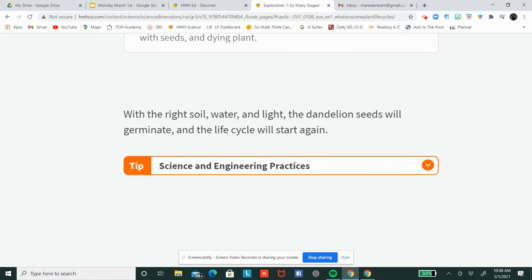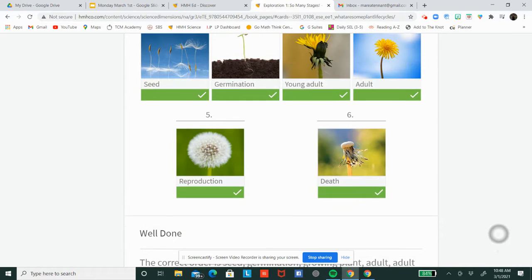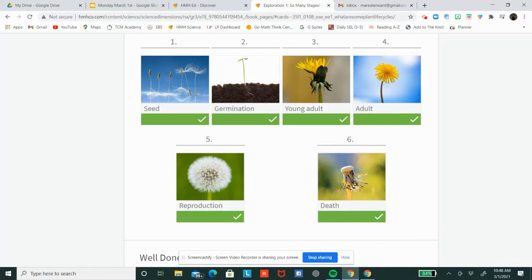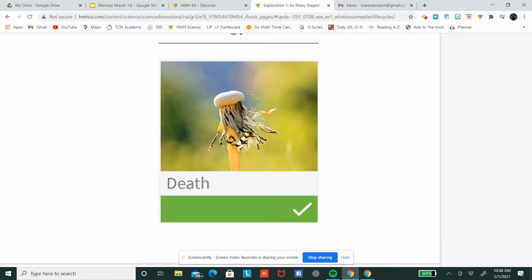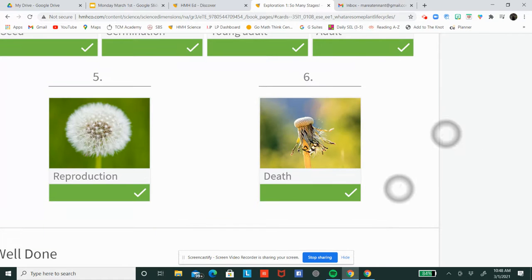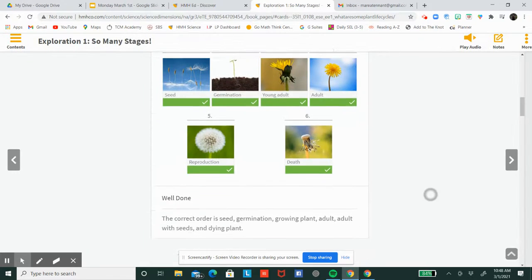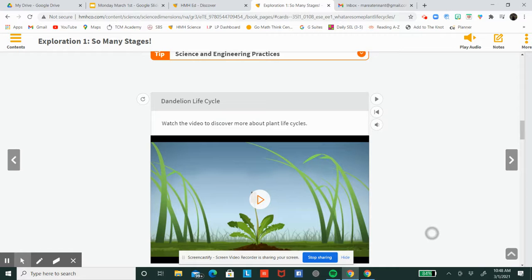So it says, with the right soil, water, and light, the dandelion seeds will germinate and the life cycle will start again. So, the last one, when the dandelion dies, those seeds do come off, and then we start the cycle all over again. So, let's see.